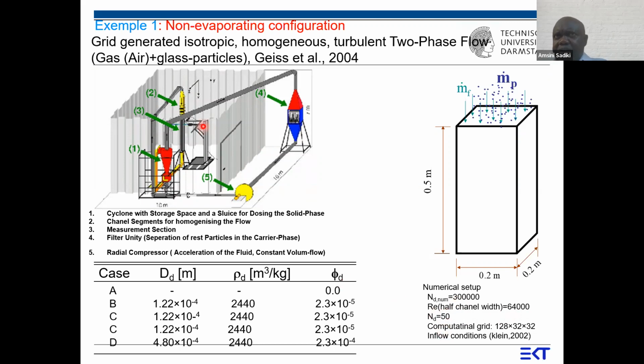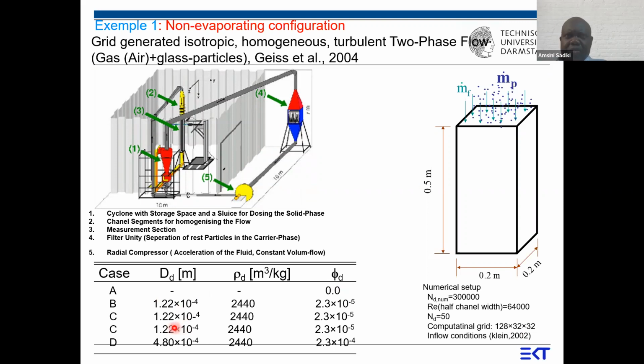This is our grid here, the computation grid, and we have the inflow condition generated by a method we developed earlier with Klein, the so-called turbulent digital filter, to generate inflow conditions.